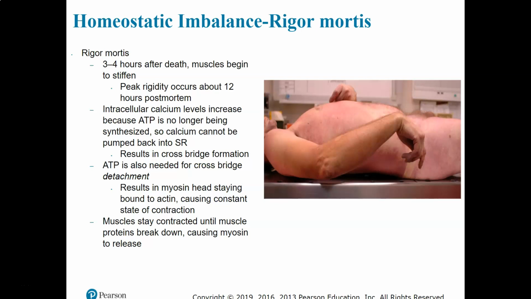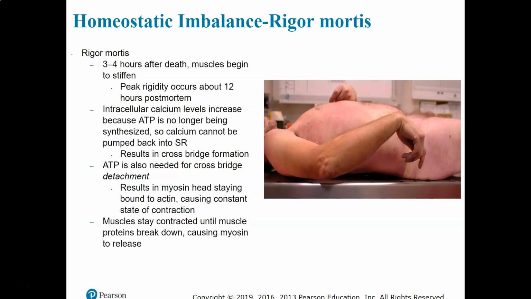After death, the cell no longer is able to regulate intracellular calcium levels. So calcium starts to build up inside of the cell. That is going to cause troponin to move tropomyosin out of the way, and then all of those cocked and ready myosin head groups are going to attach to the actin and perform a power stroke, releasing the ADP and the phosphate.